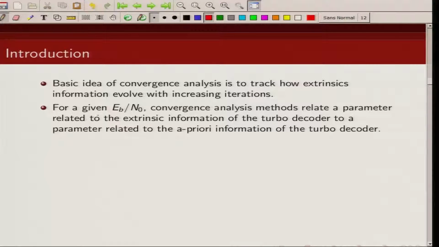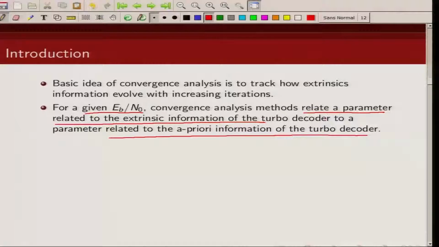For a fixed signal to noise ratio, we have a set of received values. We try to relate a parameter which is related to the extrinsic information of the turbo decoder to a parameter which is related to the a priori information.